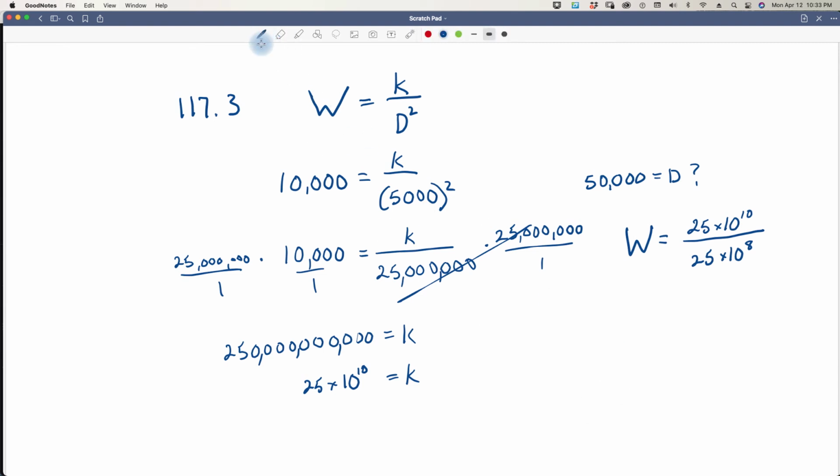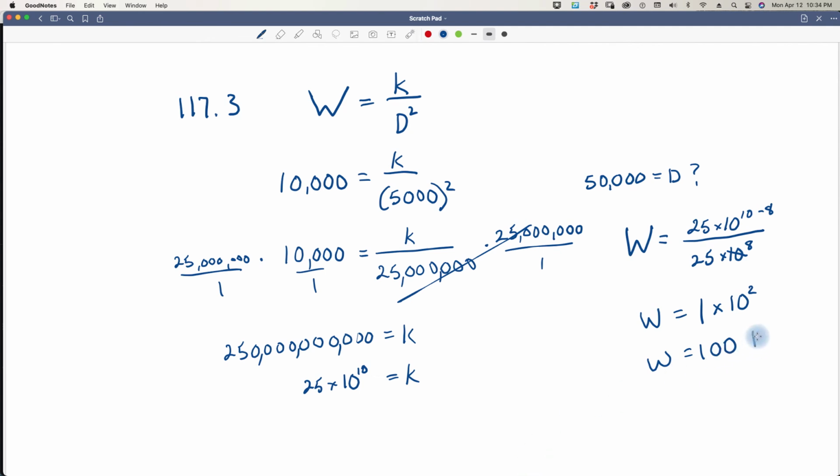All right, now we're going to divide. Okay, so 25 over 25, we divide that, W equals 1. So we take our 10 to the 8 and we bring it up here, it becomes negative 8. So that becomes 1 times 10 squared. 10 times 10 is 100. 1 times 100, W equals 100.